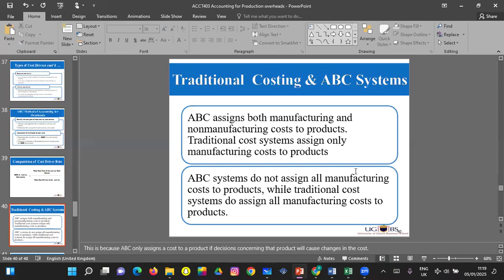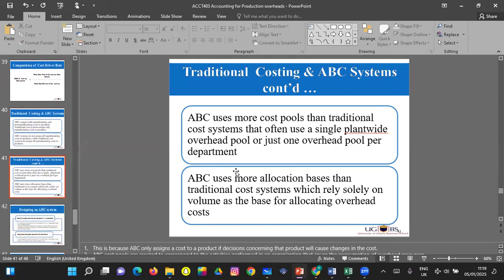ABC assigns both manufacturing and non-manufacturing costs to products. Traditional costing assigns only manufacturing costs to products. So the ABC system does not assign all manufacturing costs to products, while the traditional system does assign all manufacturing costs to products. It is one of the differences.